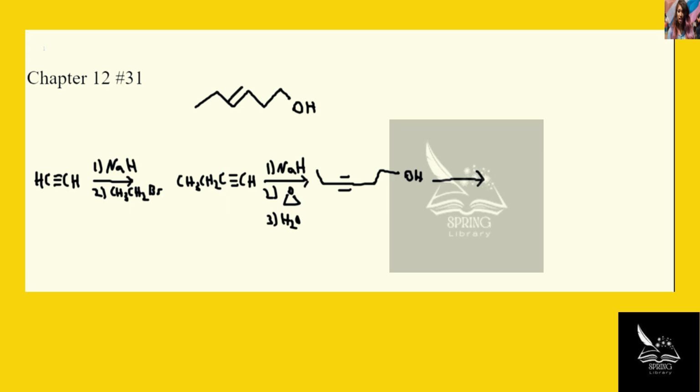I think I said aldehyde. Since we want the trans version of this alkene, we'll use sodium metal and ammonia, so a dissolving metal reduction. So sodium metal in liquid ammonia is going to give us our final product here.